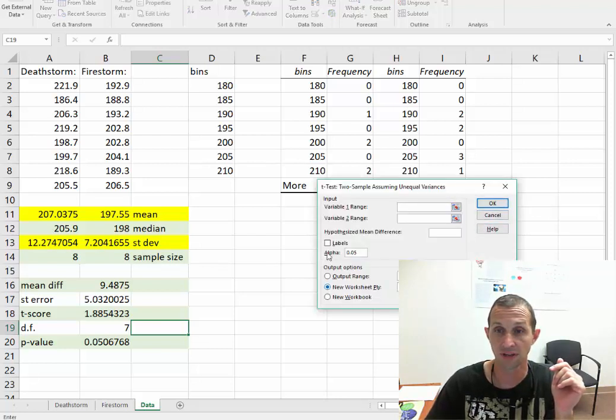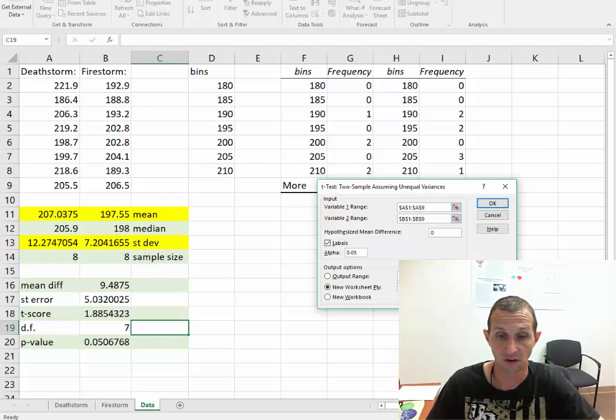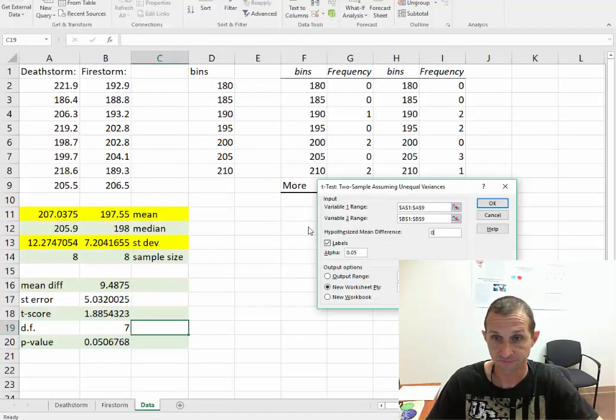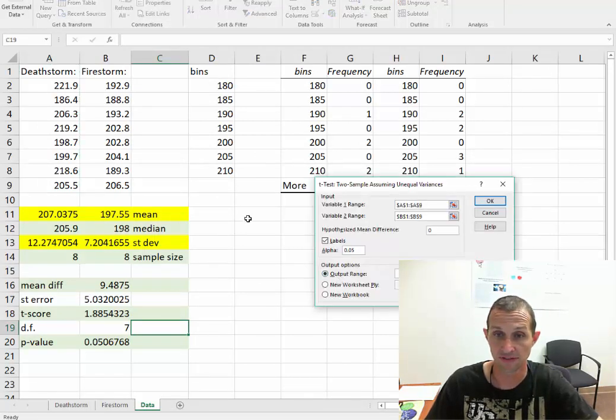And so I click on OK. Variable 1 range, that's Death Storm right here. Variable 2, that's Firestorm right here. I do have labels. The hypothesized difference is 0 from my hypothesis test right here. And then I want to put the output next to my data over here so that we can see it.